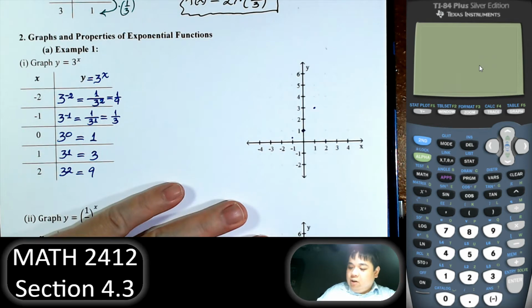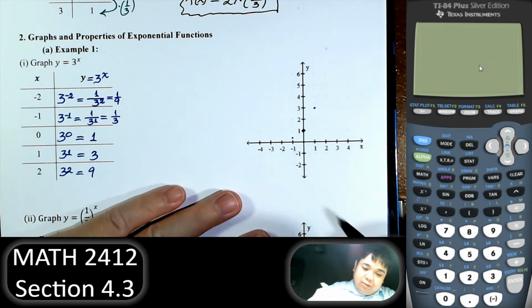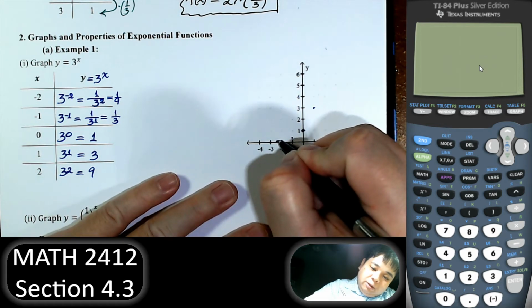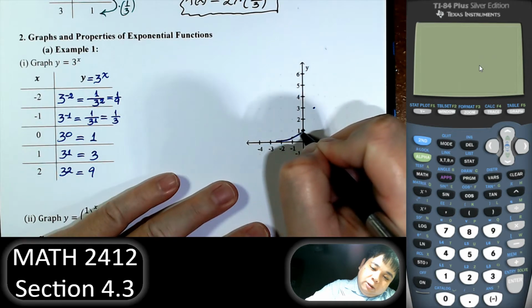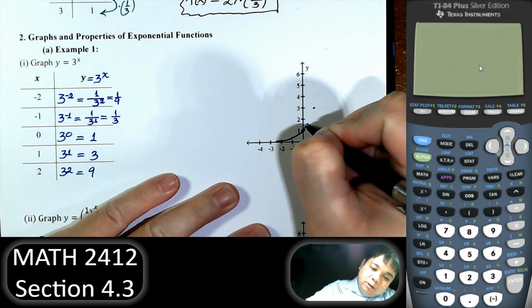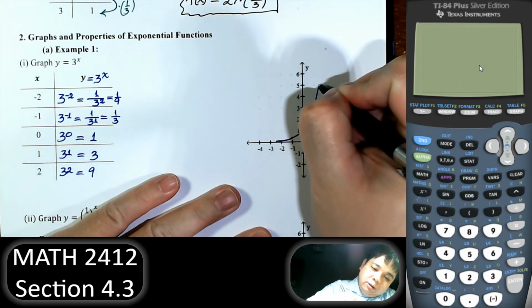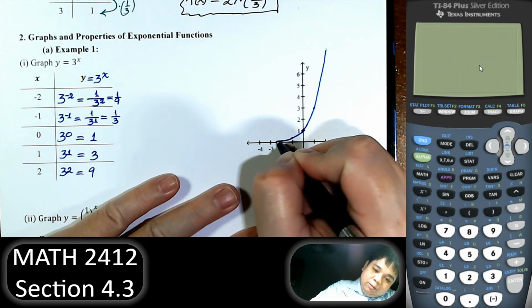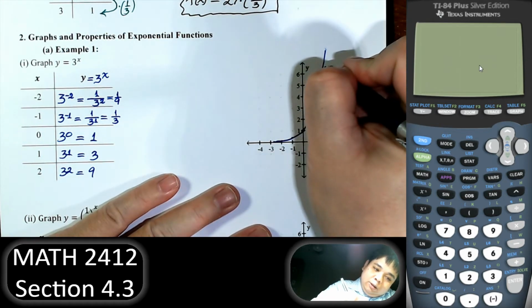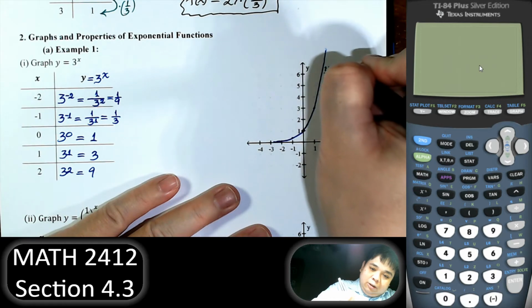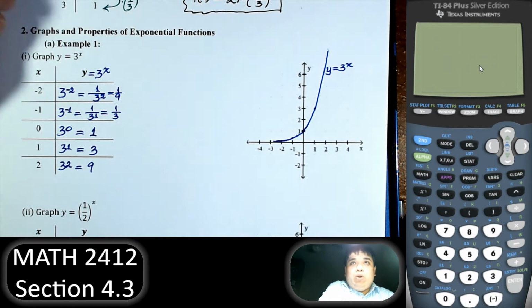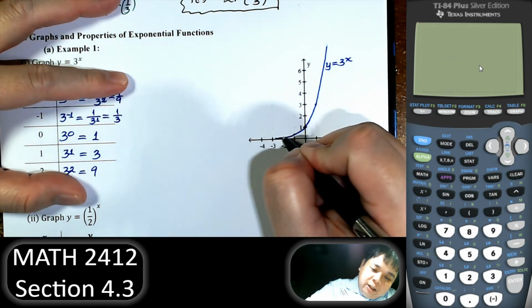So we have the function y equal to 3 to the x looks like that.